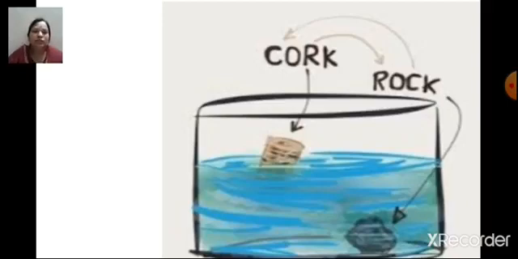Now, in this picture, can you see the same size cork and a rock? The cork is floating, whereas the rock sinks at the bottom of the water or the container. What can be the reason? Can you tell me? Yes, the reason is density, because here the size of the cork and rock is same.